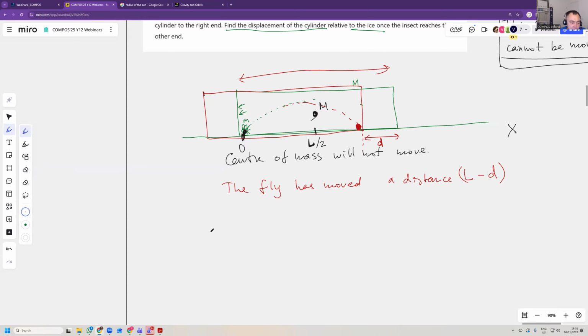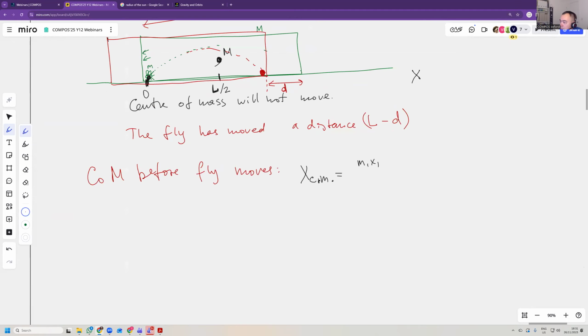So, center of mass before the fly moves. The center of mass x is m1 x1 plus m2 x2, divided by m1 plus m2.